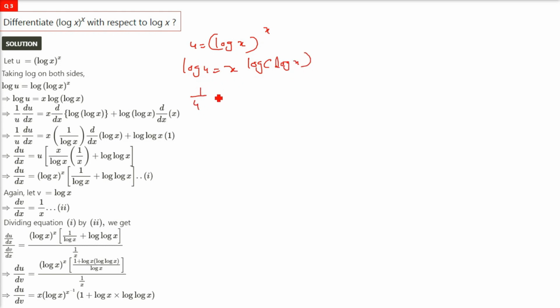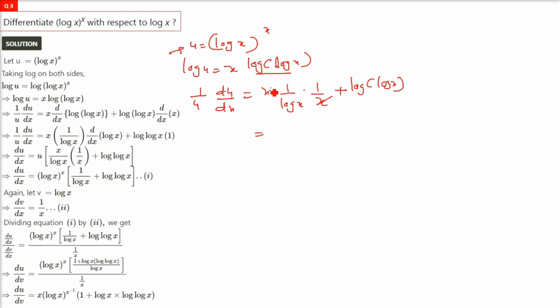So 1 by u du by dx is equal to, now x log of log x, differentiation we have to do. So 1 by log x, and differentiation of log x is 1 by x, plus now log of log x and differentiation of x, that is going to be equal to 1.